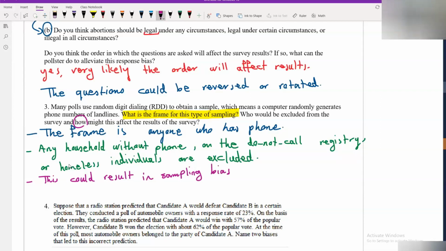That is because of undercoverage, we preferred one part of the population over the other one. So we didn't consider all the individuals that we have in the population.